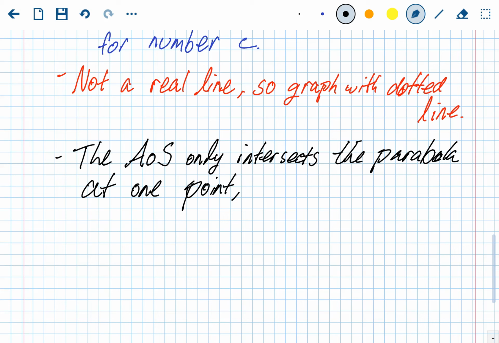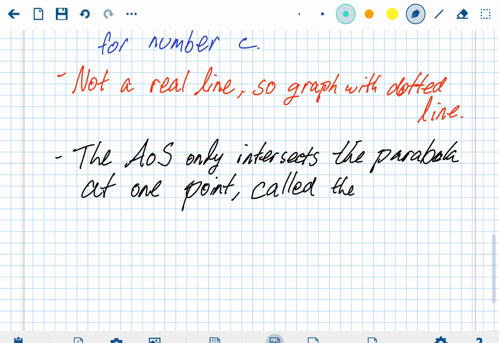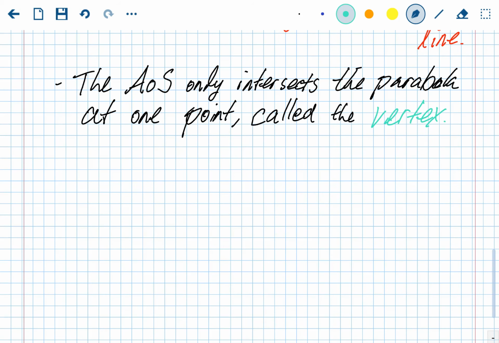And that point has a special name. That point's called the vertex. The vertex is one of the most important points on a parabola. The vertex is where the graph changes direction.